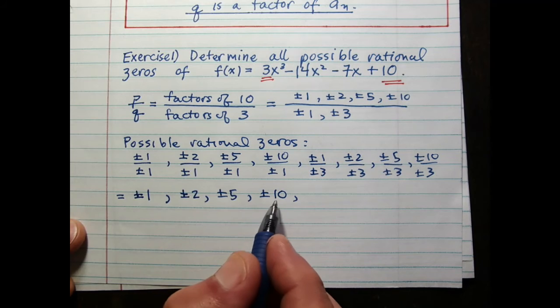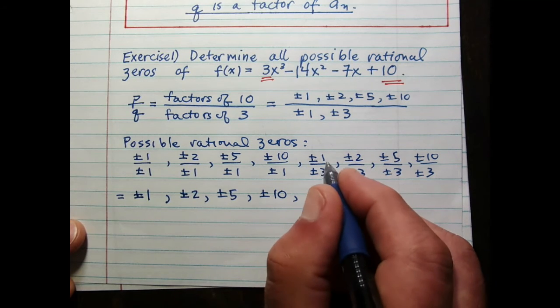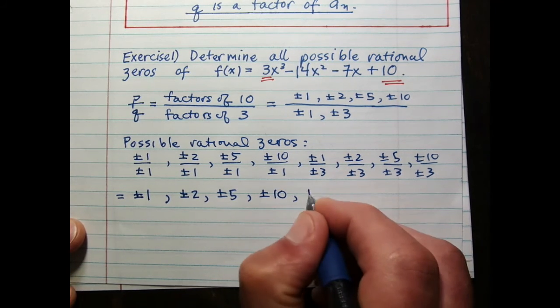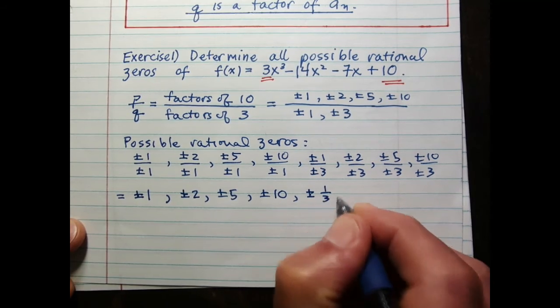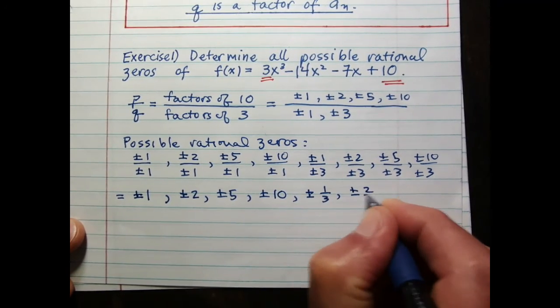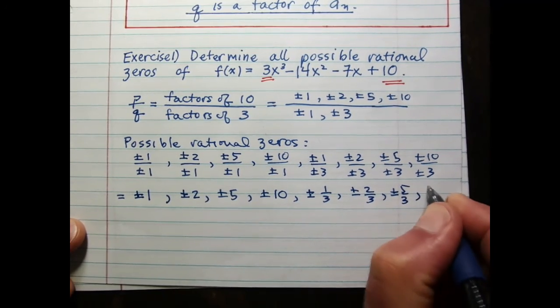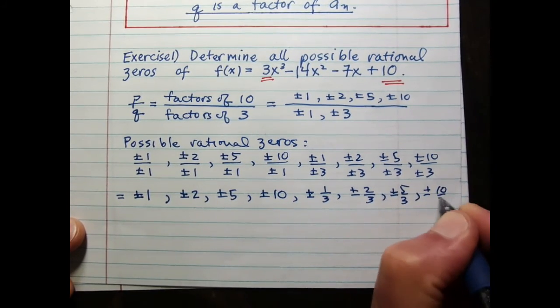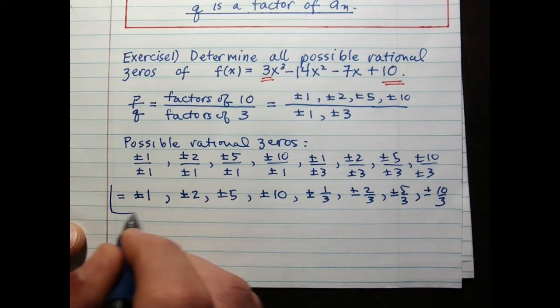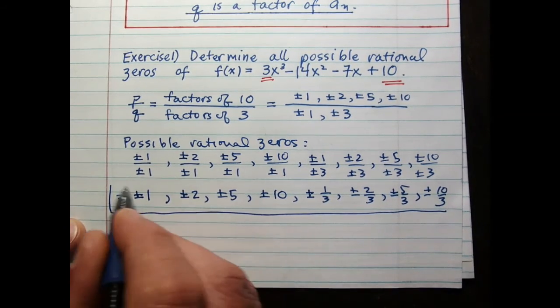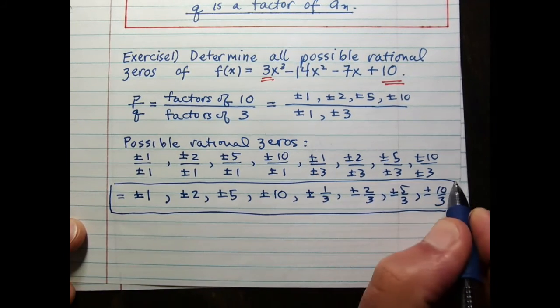So that's where all the integer possibilities come from. Then for the next fractions, we just write plus or minus 1/3, plus or minus 2/3, plus or minus 5/3, plus or minus 10/3. And that's our list of possible rational zeros.